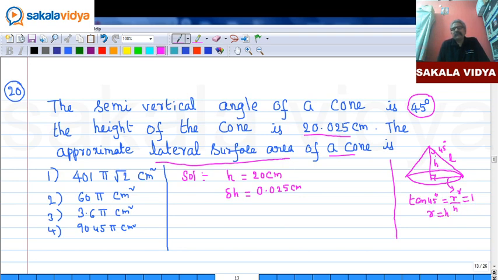Now, we need to find out L. L is the hypotenuse of the right angle triangle. So, we have L square is equal to r square plus h square. Now, in the place of r you can write h, so h square plus h square, this will be 2h square. So, now L is equal to root 2 times h. This is the relation. Now what we need to find out? The approximate lateral surface area. So, first S is equal to pi r L. Now, L is equal to root 2 times h. You substitute here.